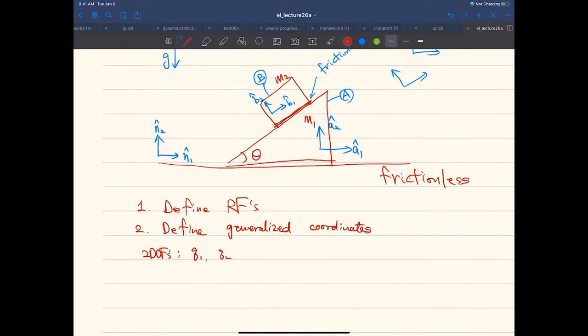So what is Q1? The sliding movement of reference frame A. So then we can assign this one as Q1. Then what about Q2? What is Q2 describing?